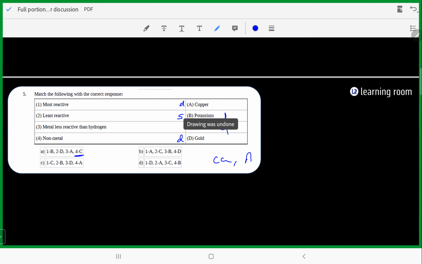You know that Au and Ag are noble metals, correct? So the reactivity is very low. So the least reactive metal is gold. And the metal less reactive than hydrogen is copper. So this will be the option.